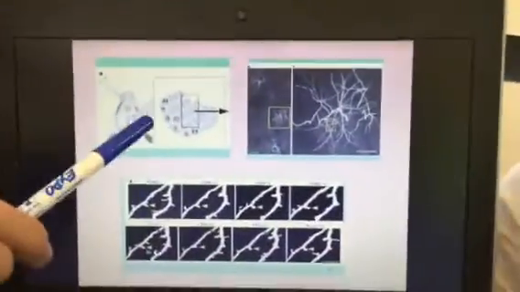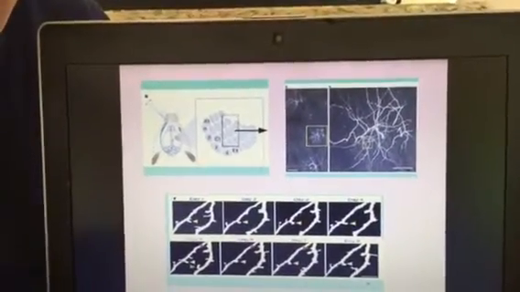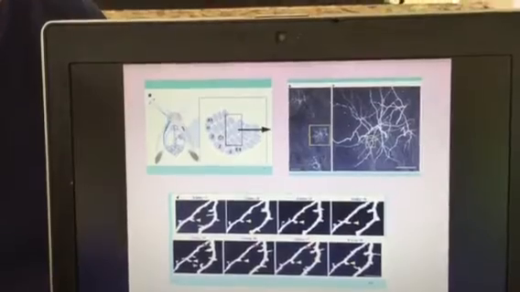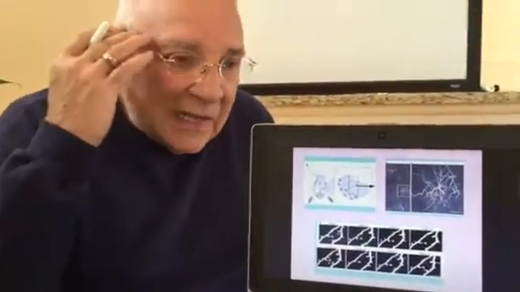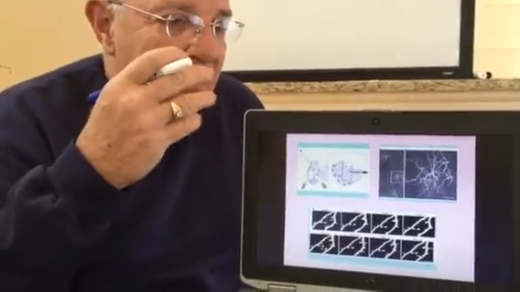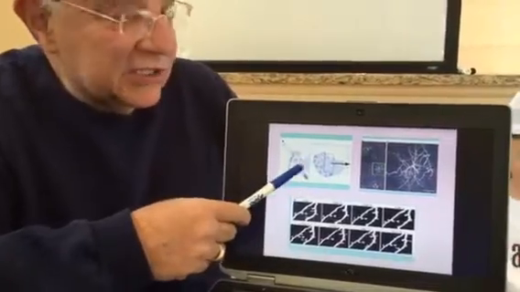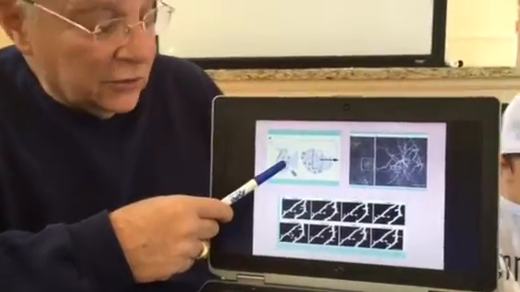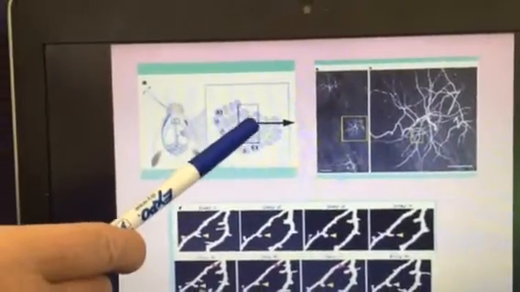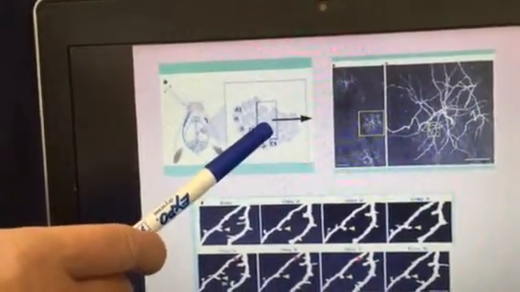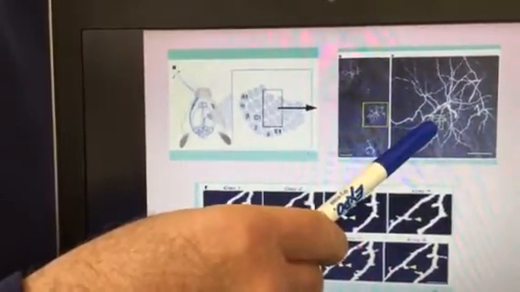Here you can see that when we started talking earlier about the brain not being a computer, people for a long time thought that these neurons in the brain never changed. And here you can see a very recent study that was done at New York University where they got an animal and they made a little hole on the top of its head so that they could look inside and actually see brain cells.